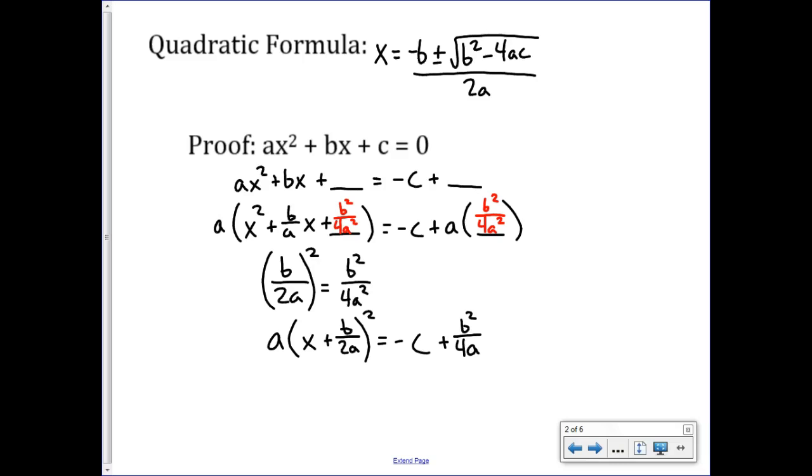Okay, so now we want to try to get that x plus b over 2a quantity squared by itself so that we can start to solve for x. So the first thing we need to do is divide by a on both sides.